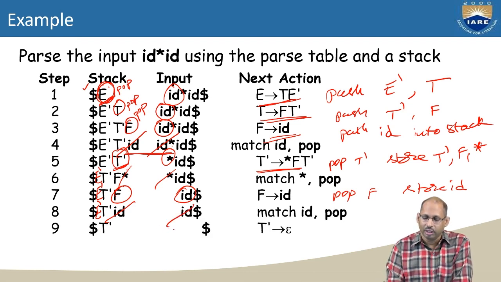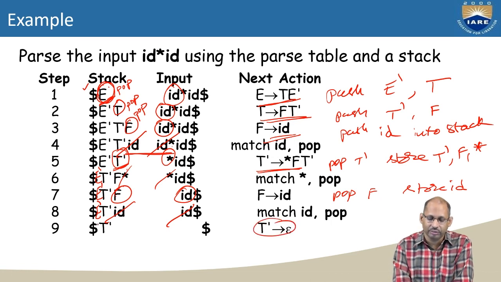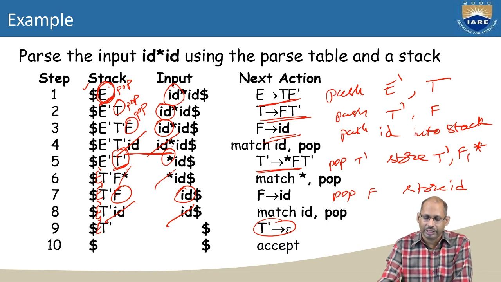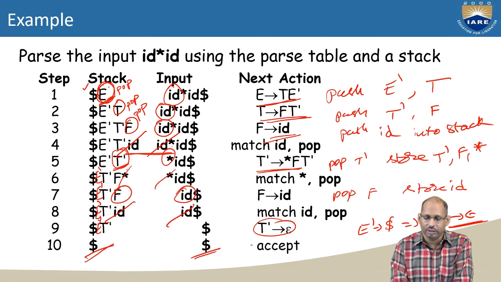Then here T' and $ we considered. Next E' and also $ will give simply E' gives epsilon. Simply $ and $ is accept.